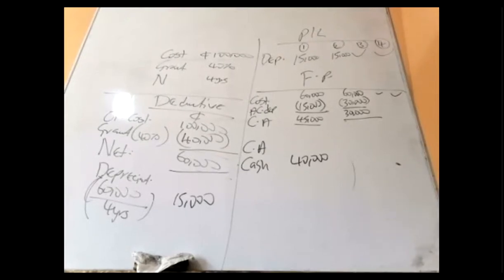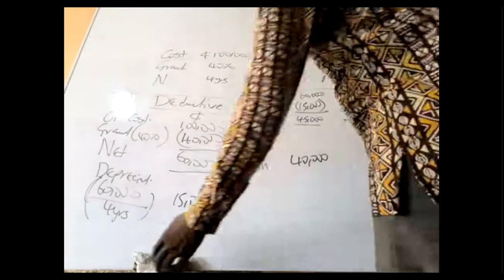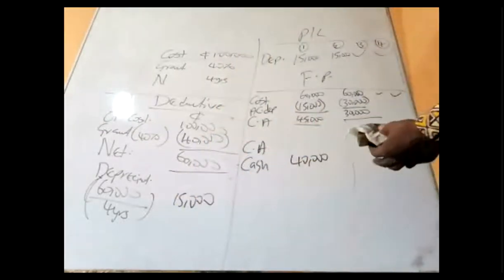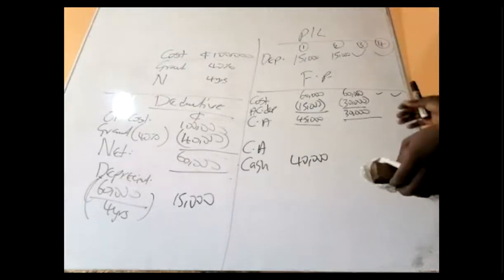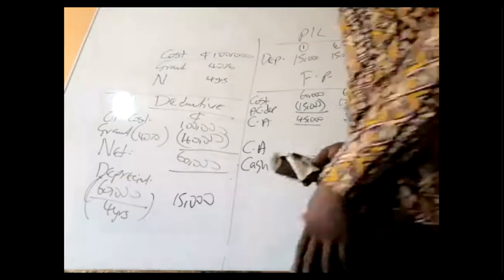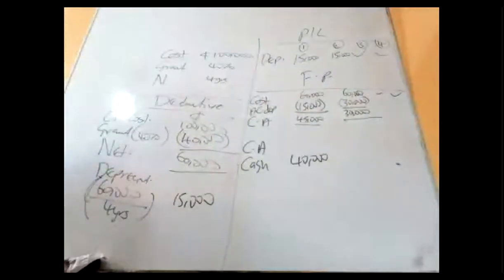Now that method, we call it the deferred credit method, or deferred income. So let's look at that one. I'll do that one here. Deferred credit method.